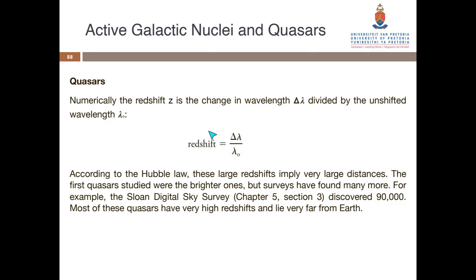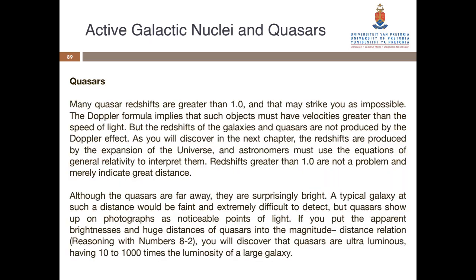So although quasars are very far away, they are surprisingly bright. A typical galaxy at such a distance would be faint and extremely difficult to detect, but quasars show up on photographs as noticeable points of light. Put the apparent brightness and huge distance of quasars into the magnitude-distance relation, and you will discover that quasars are ultra-luminous, having 10 to 1,000 times the luminosity of a large galaxy.